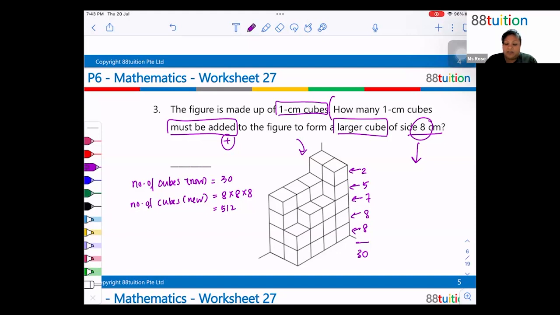So how many cubes must be added? Thank you, Brian. So I will take 512 minus 30 to give me 482.